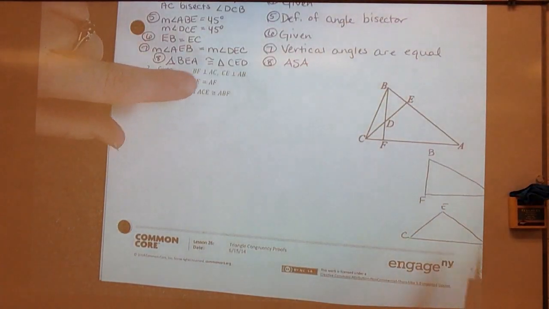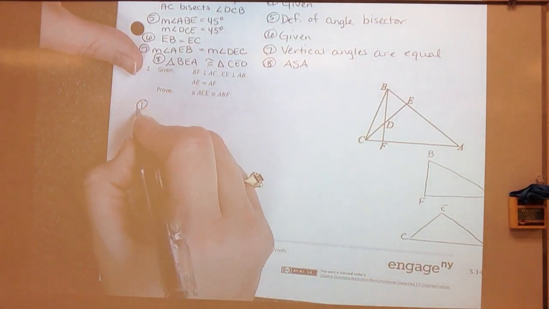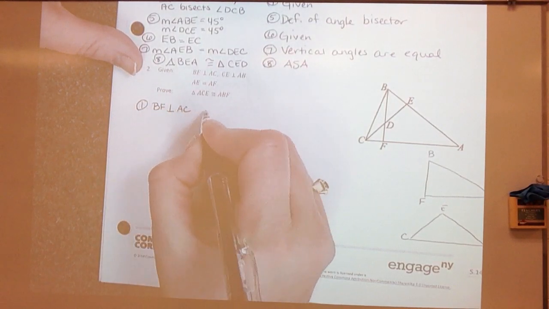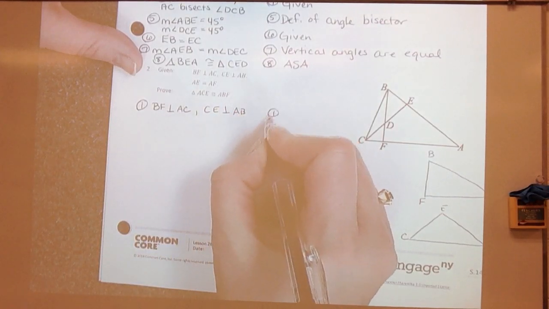So ACE and ABF. I want to prove those two triangles are congruent. Alright, so let's start with our first given statement. We're going to split this up into BF is perpendicular to AC and CE is perpendicular to AB. That is given.